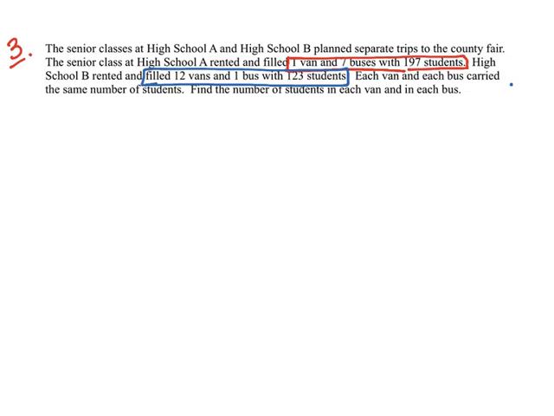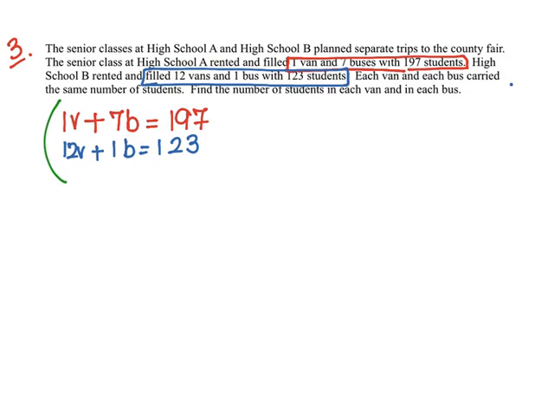Our first equation: I took V as van and B as buses. So 1 van and 7 buses, total of 197 students. Next up, we have 12 vans and 1 bus giving us 123 students. Now we have both of these equations. We can use elimination to find how many people are in each van and in each bus.